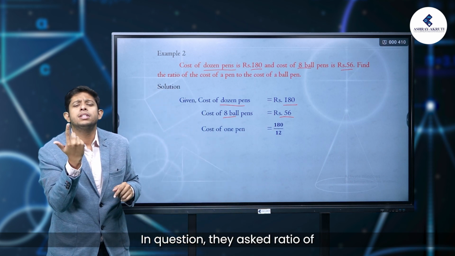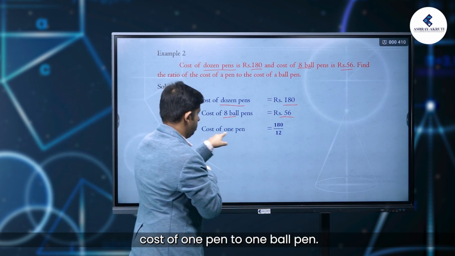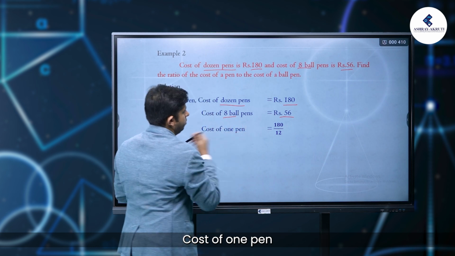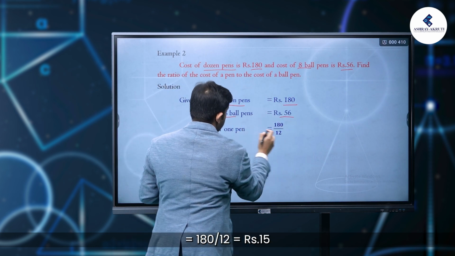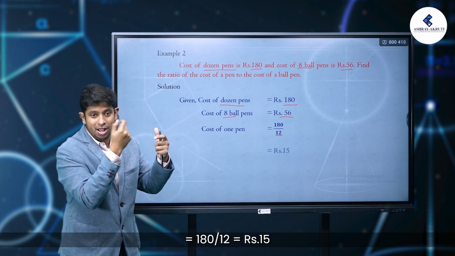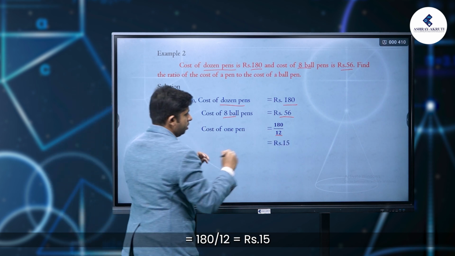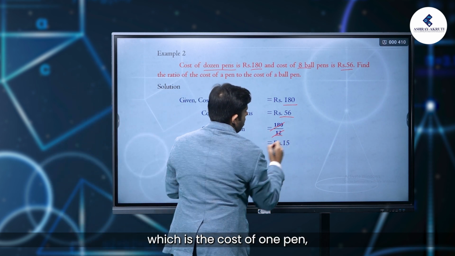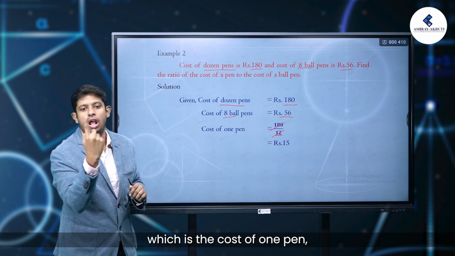In the question, they ask the ratio of cost of 1 pen to 1 ball pen. Cost of 1 pen is equal to 180 by 12, which is equal to rupees 15, which is the cost of 1 pen.